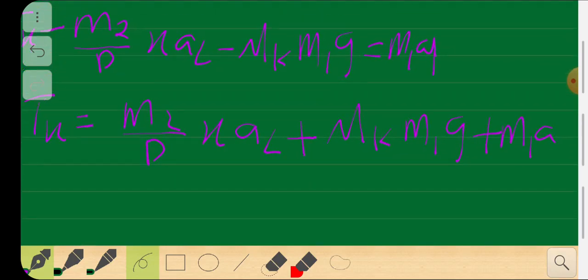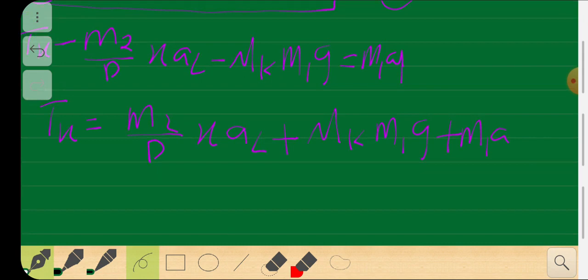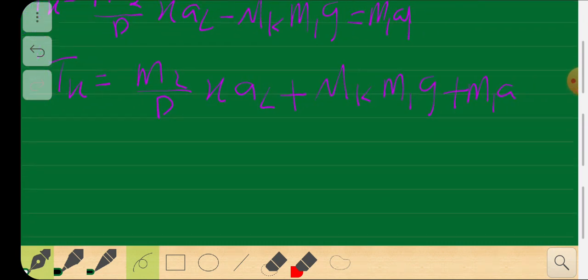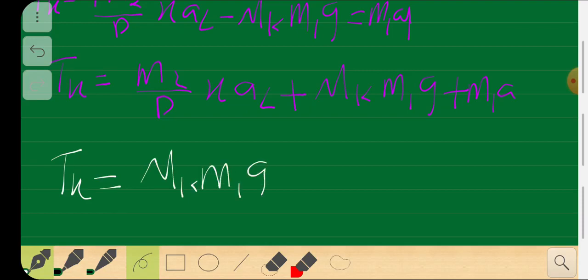Now let's simplify this equation, and I get Tx must be equal to mu k m1 g plus, taking m1 as common, m1 plus, I'm taking a outside.